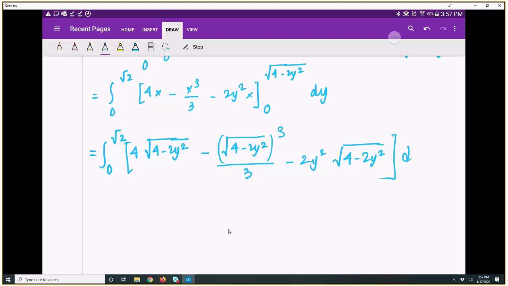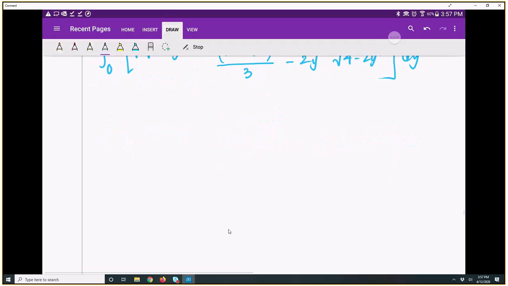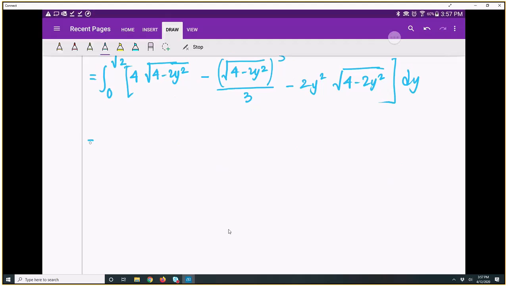But before that, I need to simplify this term a little bit. So when I look at this term, at once it comes to me that I can factor out square root of 4 minus 2y squared from all three of the terms in the integrand. And I will end up having 4 minus 2y squared over 3 minus 2y squared.